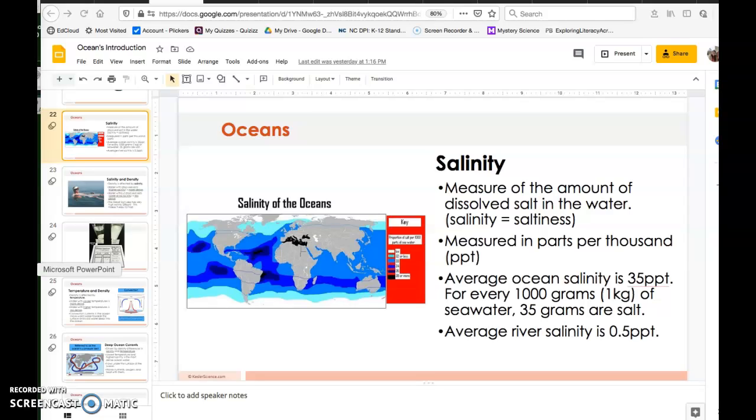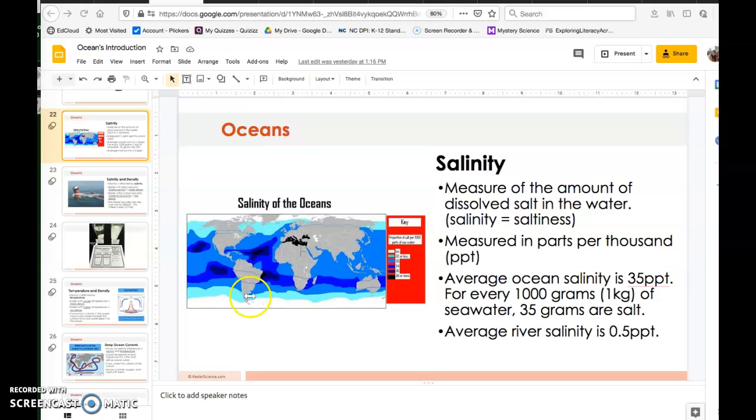So the oceans, as you know, are much, much more salty than a river. Perhaps, though I don't advise it, you could drink a cup of river water. It would not be very good to drink river water or salt water at all.